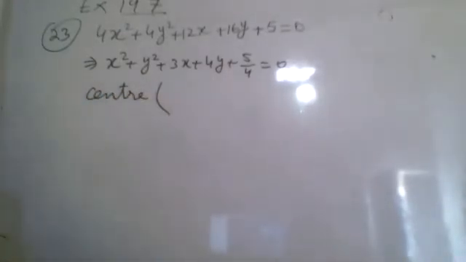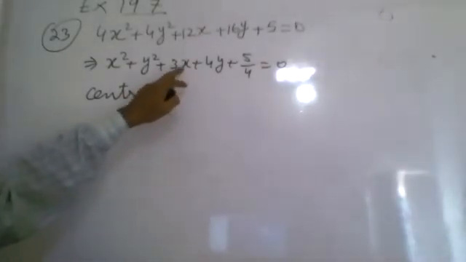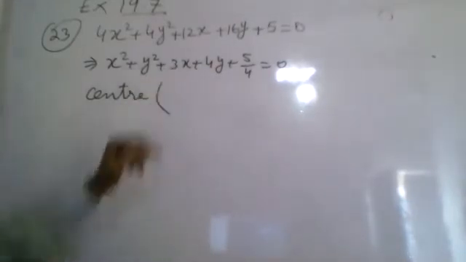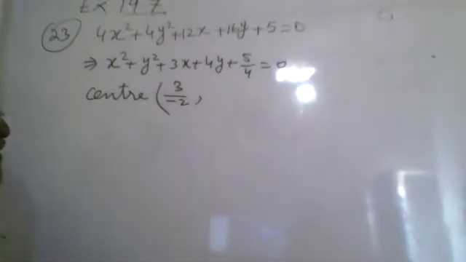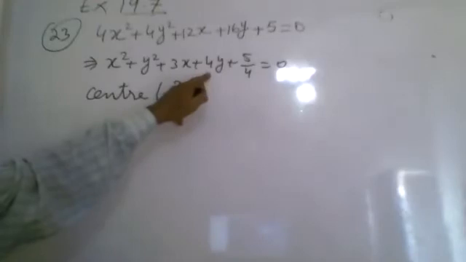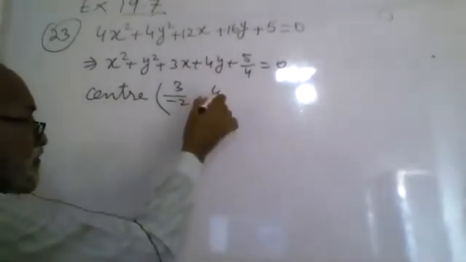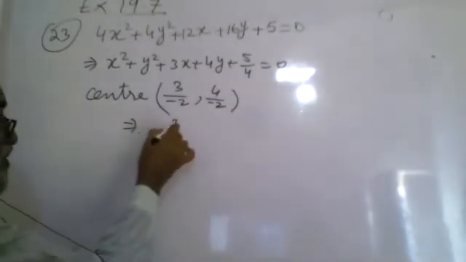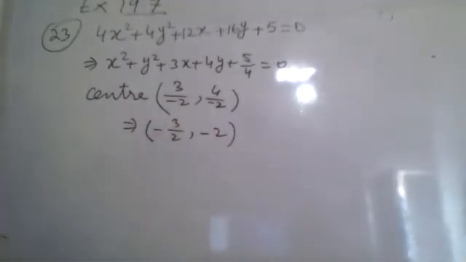The coordinates of the center: the coefficient of x, 3, will be divided by -2. The coefficient of y, 4, will be divided by -2. It will become -3 upon 2, comma -2. These are the coordinates of the center.